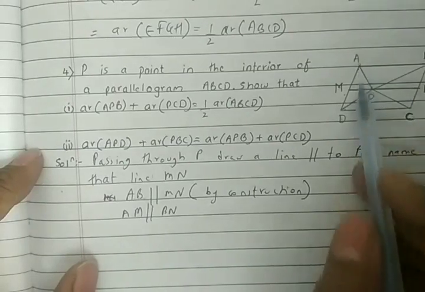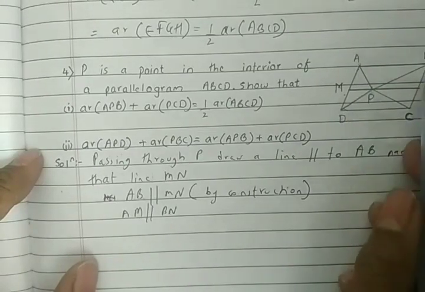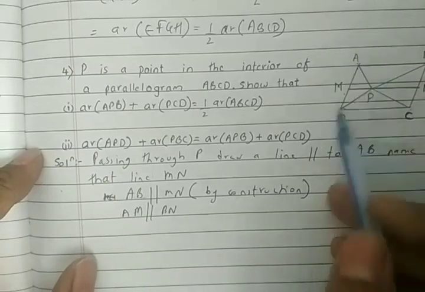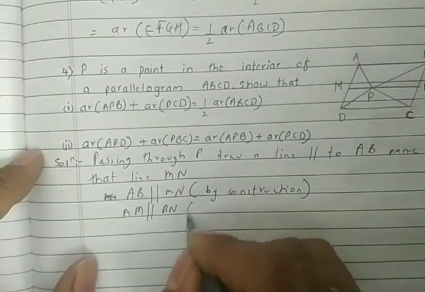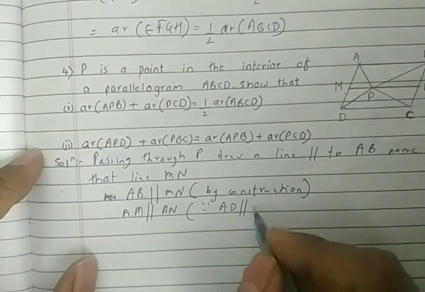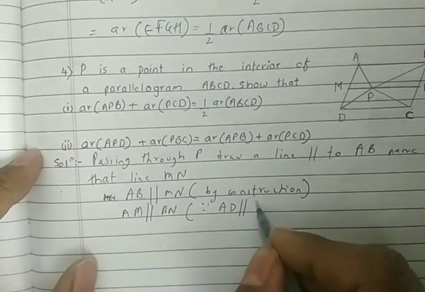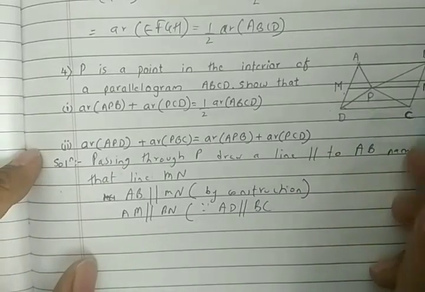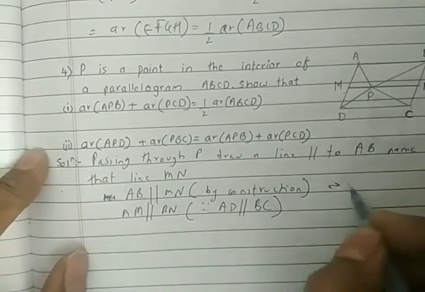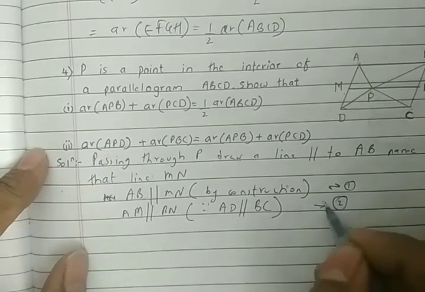Because AD is parallel to BC. Here it is given, this is a parallelogram. So opposite sides of a parallelogram are parallel. So because the whole line AD is parallel to this line BC, the parts are also parallel. And name these equations 1 and equation 2.